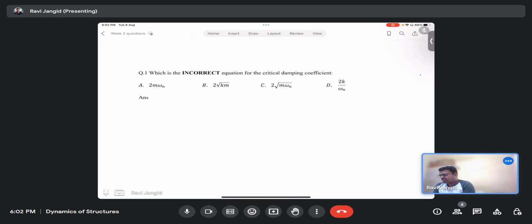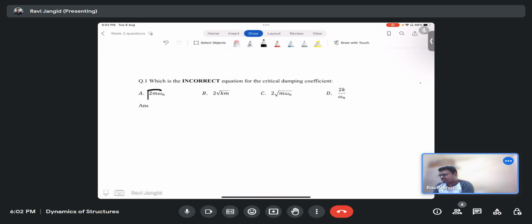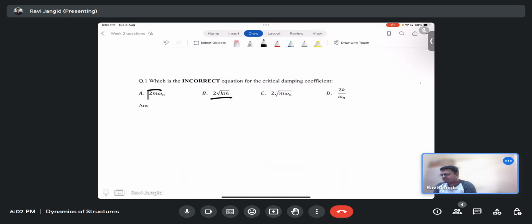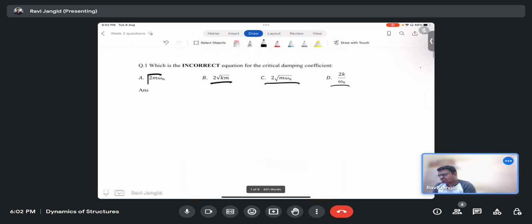We have three options given. Can you tell me which one is correct or which one is incorrect?